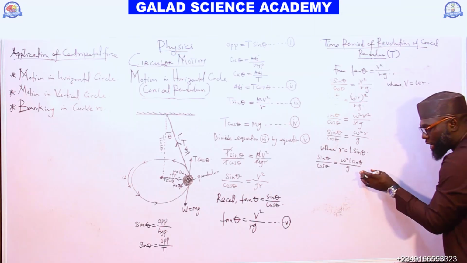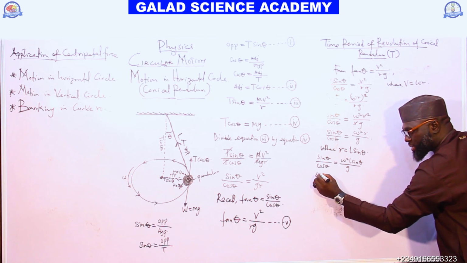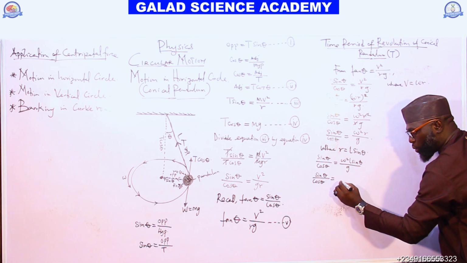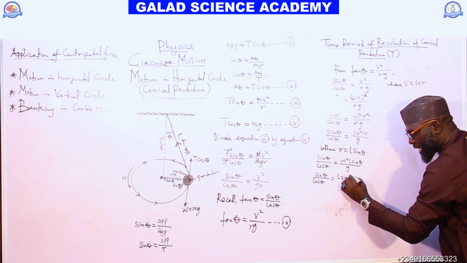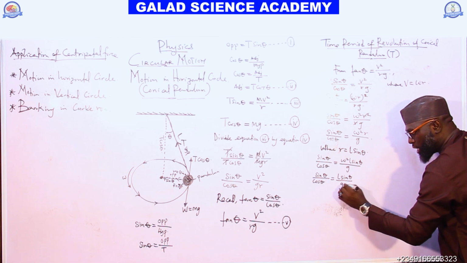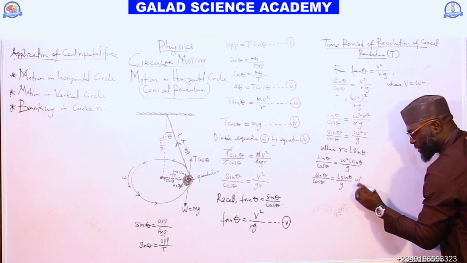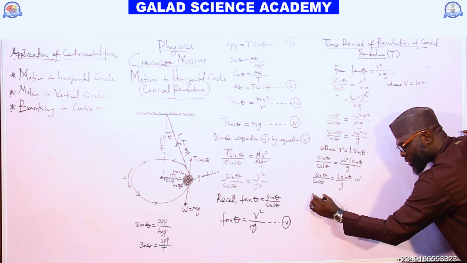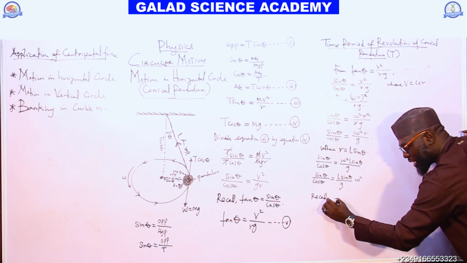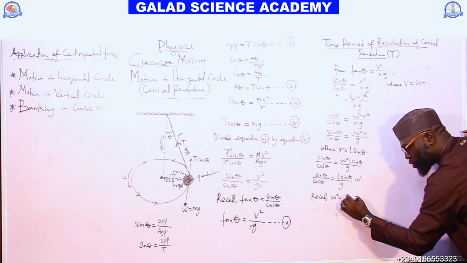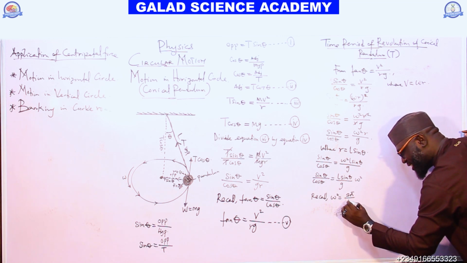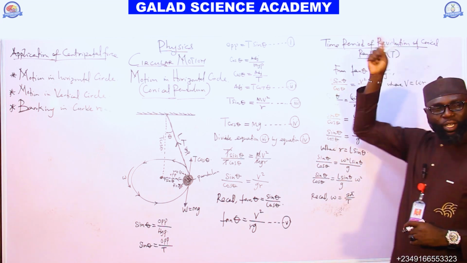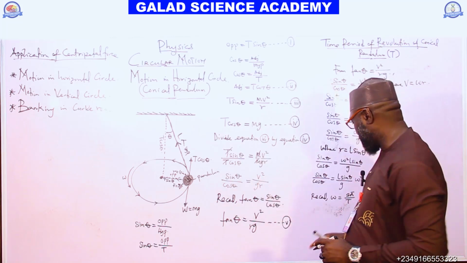And again, we can rewrite this expression in this form: sine theta over cos theta should be equal to L sine theta over G, then this omega separately. Again, recall that this omega square equal to 2 pi over T, where T is the period of circular motion.